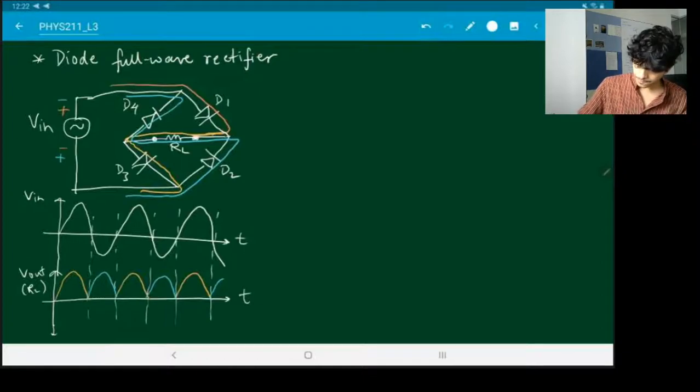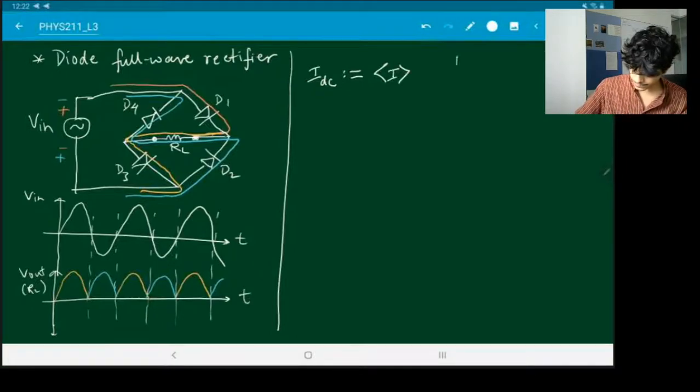What is the average value of the current over here? I'm going to define something called IDC, and I will define it as the average value of the current, where of course the current, if you look at Kirchhoff's voltage law, is going to be V in divided by RL plus twice RD.